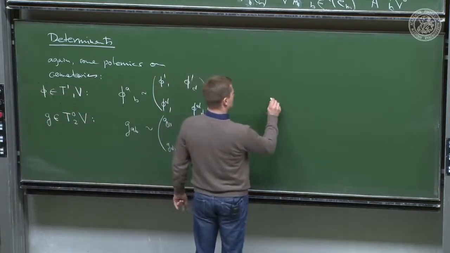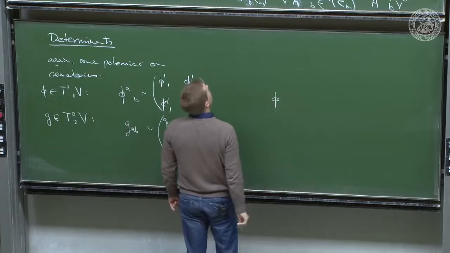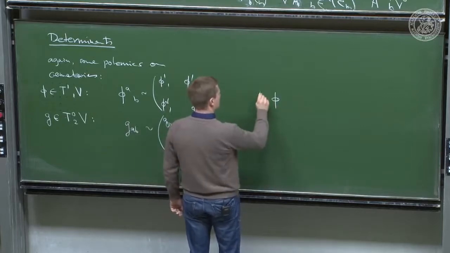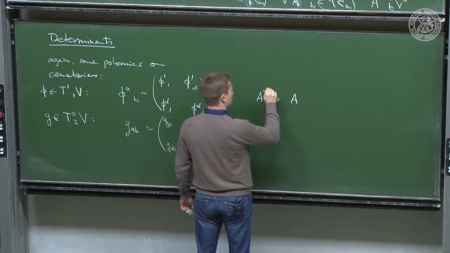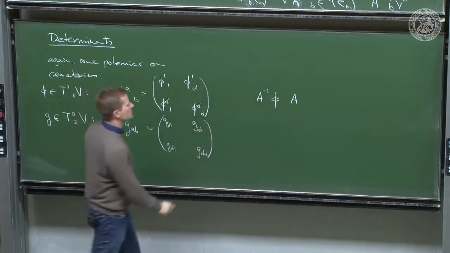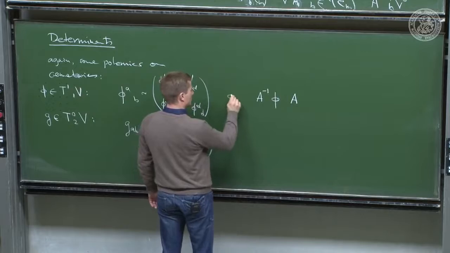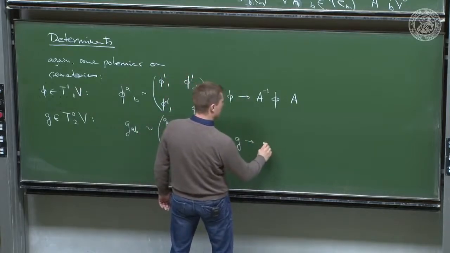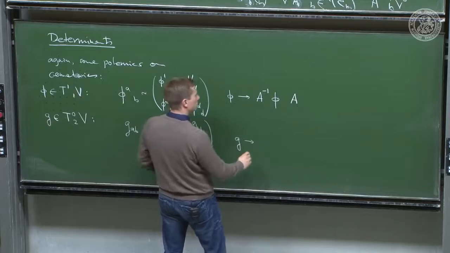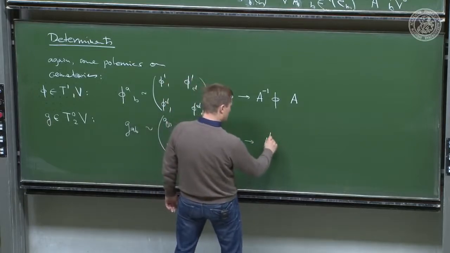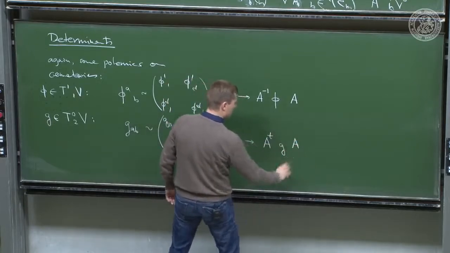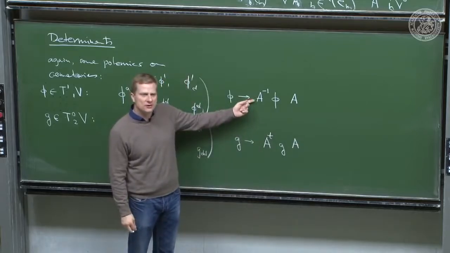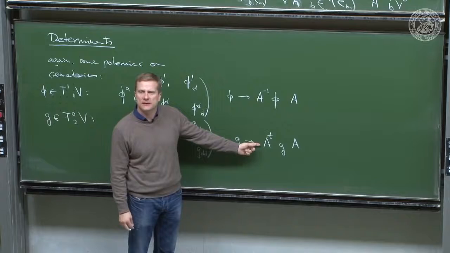In mathematics, you see transformations of this type. You take the A matrix and see how this looks. So also in mathematics, you write transformations like A transpose G A. I'm sure you saw this as a transformation rule in linear algebra.